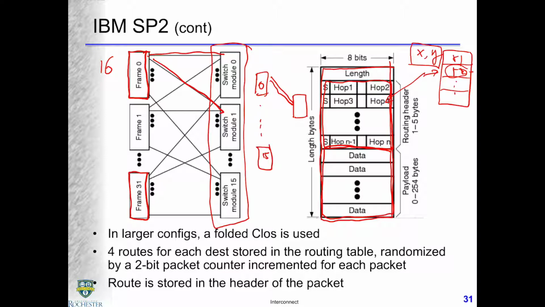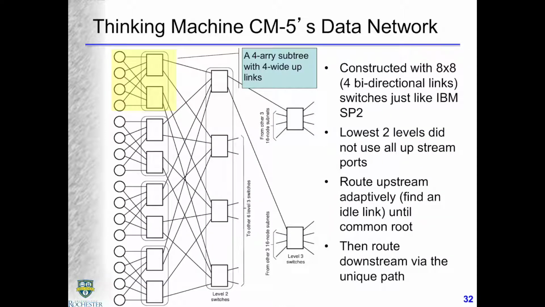And if the machine is not big enough, then this may already be all that you need to do, and it becomes really source routing. So that's IBM's SP2.